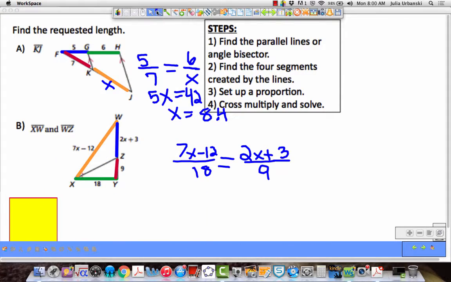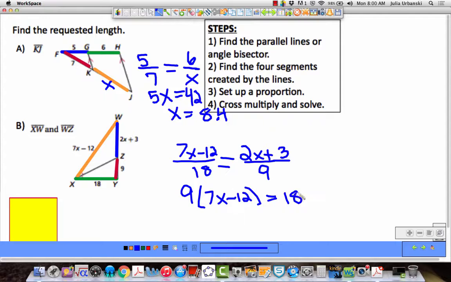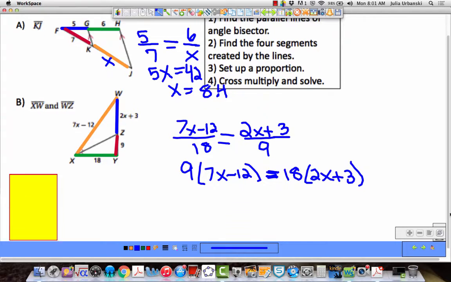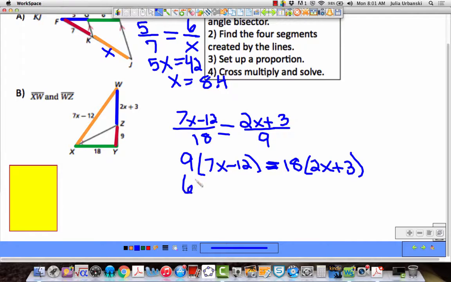And we cross multiply it, and we remember to distribute. Got to distribute 9 times 7x minus 12 equals 18 times 2x plus 3. So I can do 63x, and 9 times 12 is 108, isn't it?